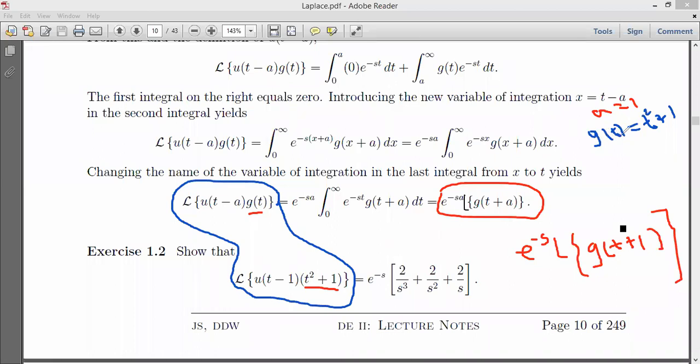Since G(t) is t squared plus 1, but now we have G of t plus 1, the blue will become G, where my t is now t plus 1.